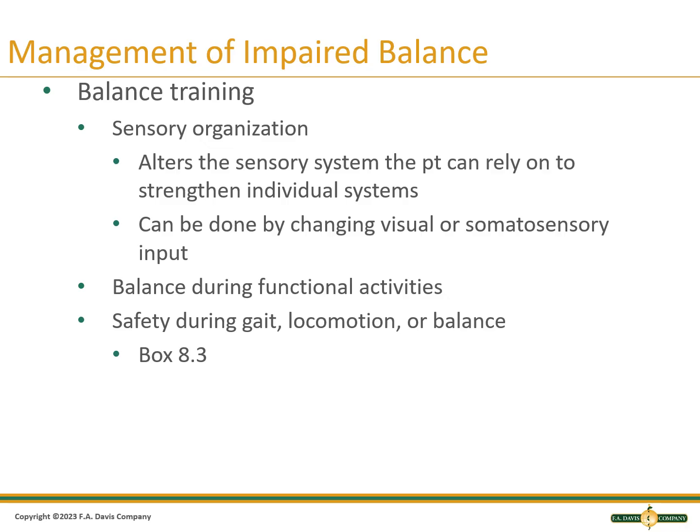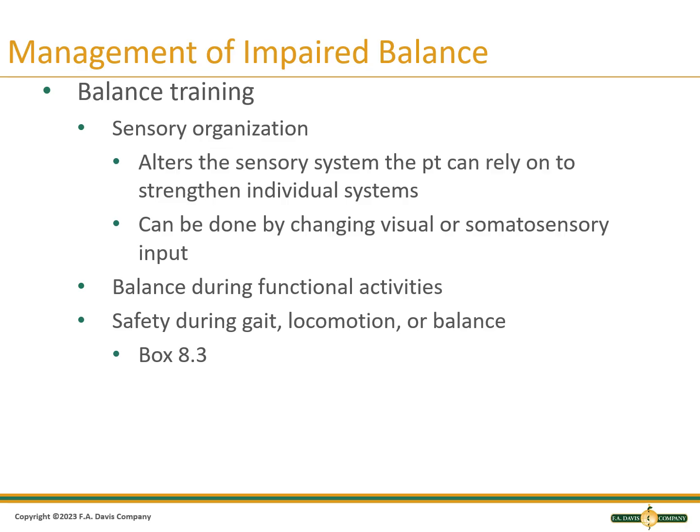We can't do anything to improve the communication with their visual system when we take the eyes away, so we're leaving reliance on the other two. It's much harder to alter vestibular information, so we typically are going to alter or remove visual or somatosensory information, with vestibular being our remaining system.